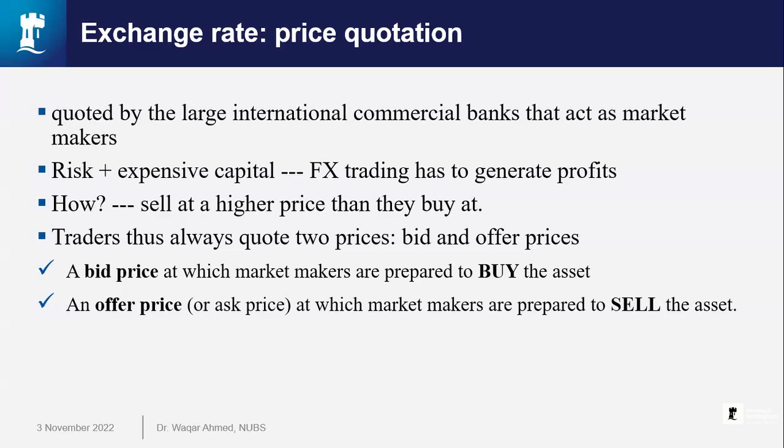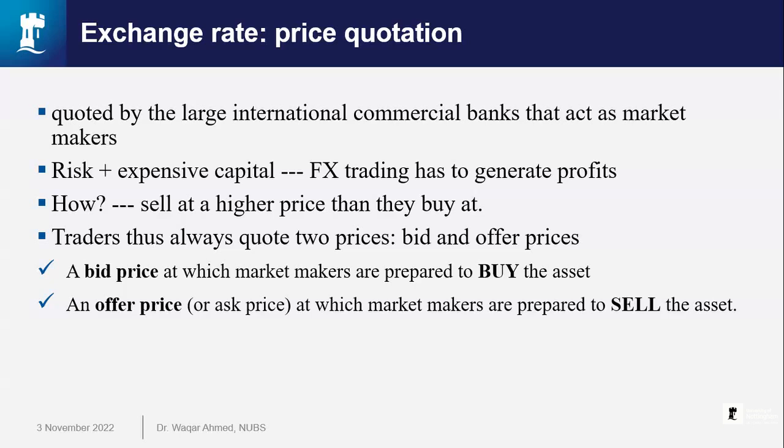Given its risk, it has to generate some sort of profit, some sort of income. How do market makers make profit? They offer two different types of quotes: bids and asks. They make money through the difference, which we call the bid-ask spread.